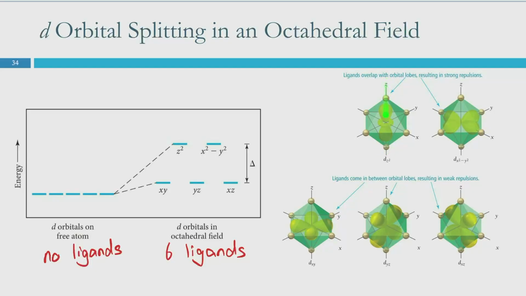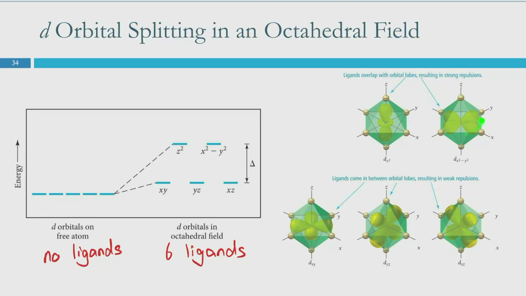And that overlaps with the z-axis groups. We also have the dx squared minus y squared d orbital that's along the y and x axes, where we're saying that our ligands are. So these lobes overlap with where our ligands are.